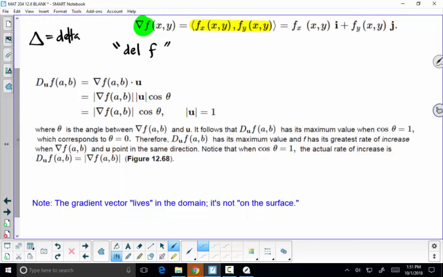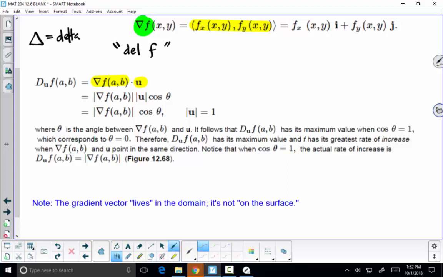Okay, so if we take this notation, we can rewrite the directional derivative of f in the u direction like that. And we already know some theorems with the dot product. We know that the dot product can be written as the following.